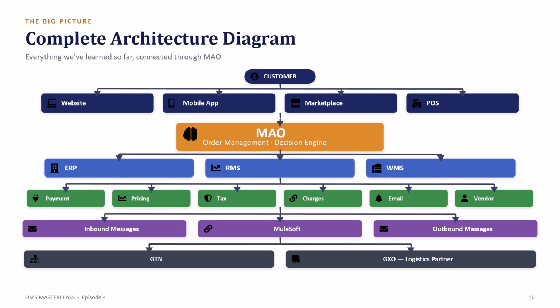And finally, all these systems exchange information through the integration layer, where inbound messages, outbound messages, and MuleSoft help everything communicate smoothly. So, this diagram isn't something you need to memorize. The idea is to understand how all these systems fit together and how MAO acts as the central decision engine connecting the entire retail ecosystem.